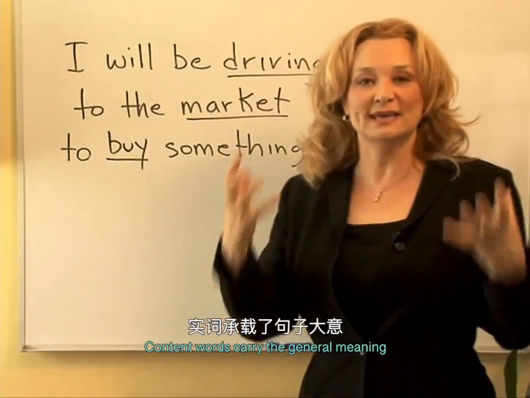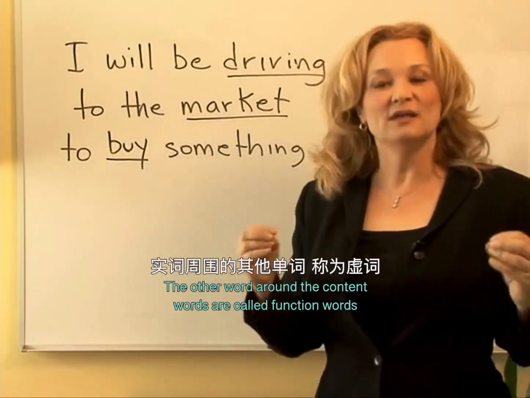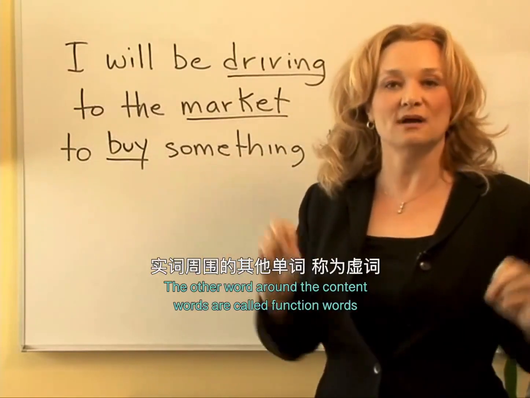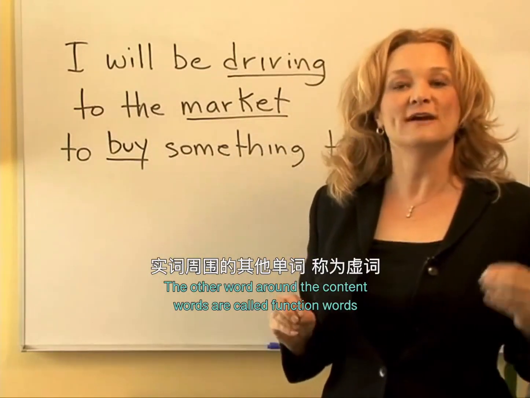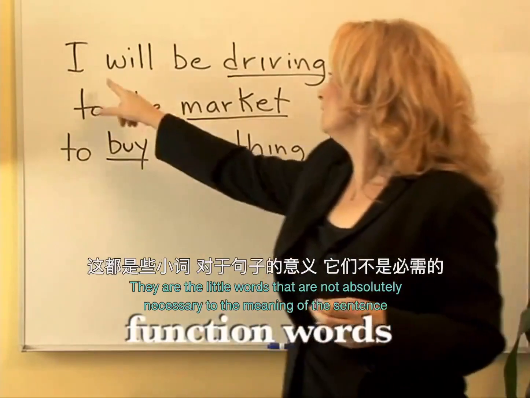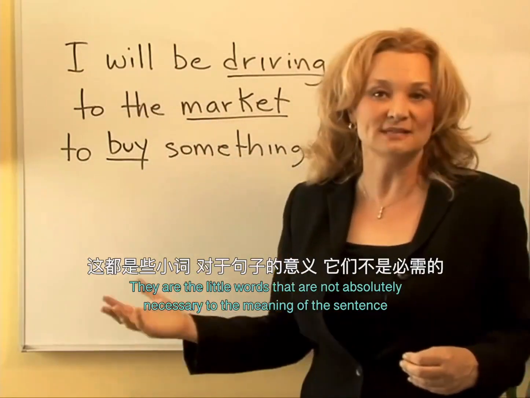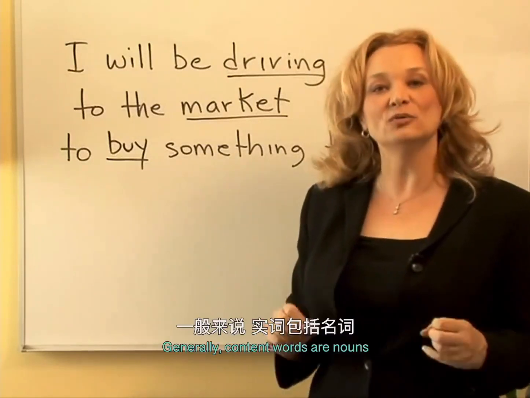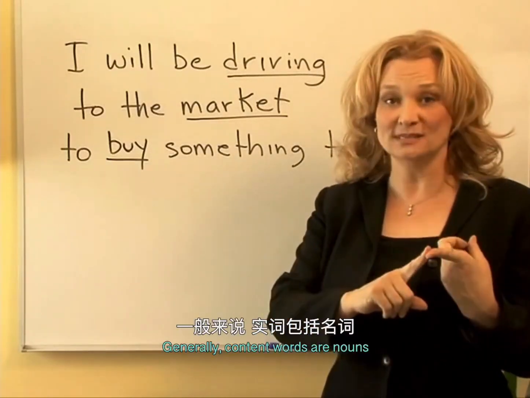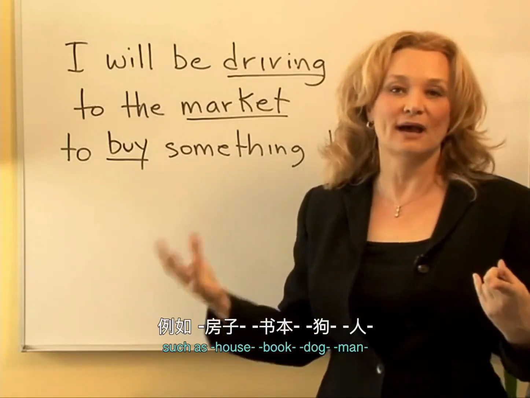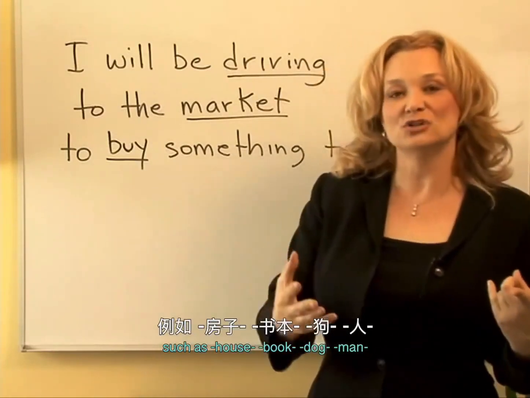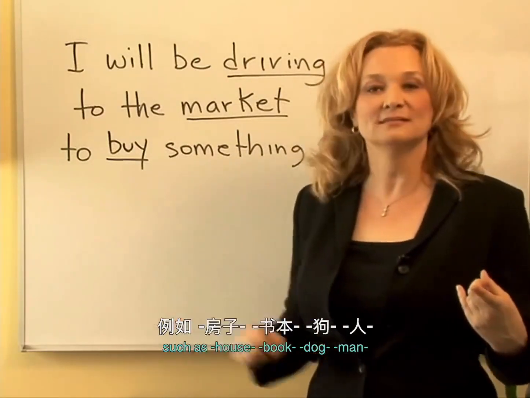Content words carry the general meaning. The other words around the content words are called function words. They're the little words that are not absolutely necessary to the meaning of the sentence. Generally, content words are nouns, such as house, book, dog, man.